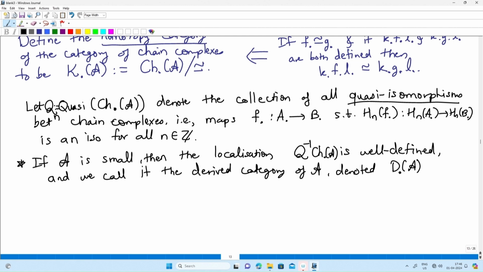However, if A is not small, then you can't really do this process. Because if you remember, we have that zigzag. How did we define localization? We have to take one arrow which is not necessarily invertible, and go along that arrow, and then another arrow which is invertible.